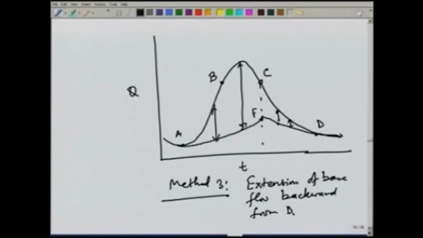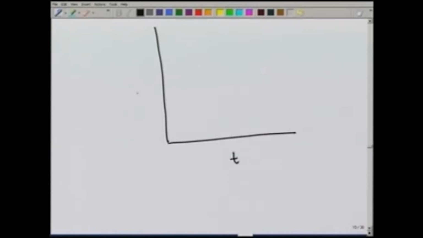So, these are the methods which can separate the base flow from the total runoff in order to give us the direct runoff hydrograph or DRH. So, the DRH will start from 0 because the base flow is separated, will reach a peak and will again come back to 0 because again the base flow is separated.